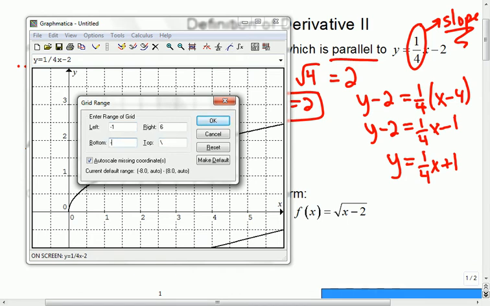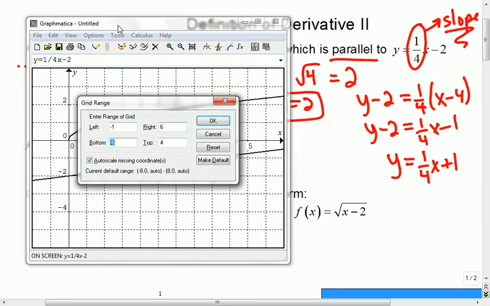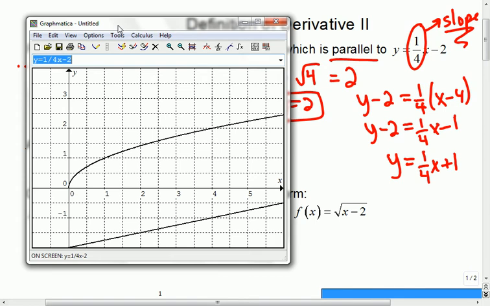Let's go to, say, -6. Okay, so there's the square root graph, and there's the line. Maybe I can make a better picture here. Let's go -3. Okay, so I want one parallel, and the equation that we figured out just now was 1/4 x plus 1. So there's the two parallel lines, one of which is tangent to the square root graph.